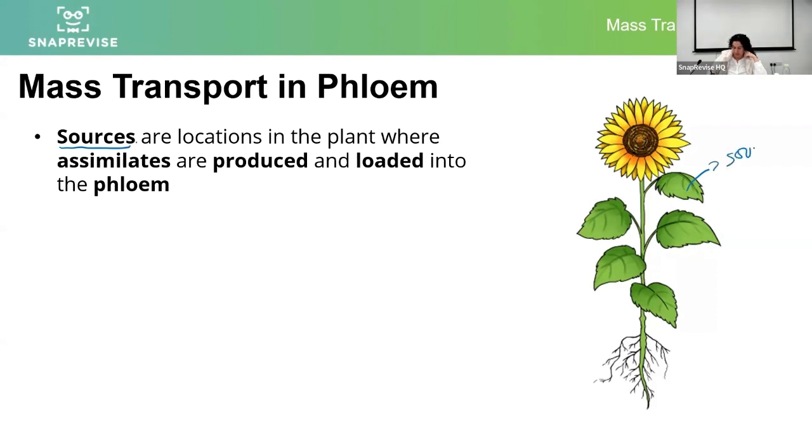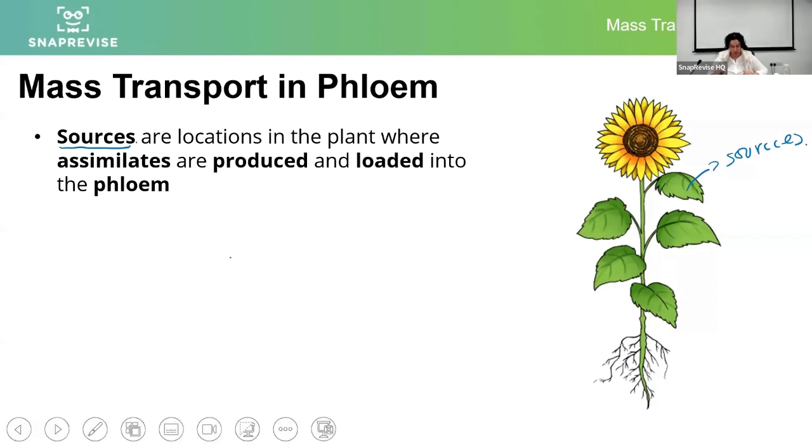The leaves are sources. Remember from the cross-section of the leaf that you've got your palisade mesophyll cells, which of course do photosynthesis, and then there's the vascular bundle inside the leaf, right? So the assimilates are made in the palisade mesophyll cells, and then they're loaded into the phloem. So the source is always the leaf.